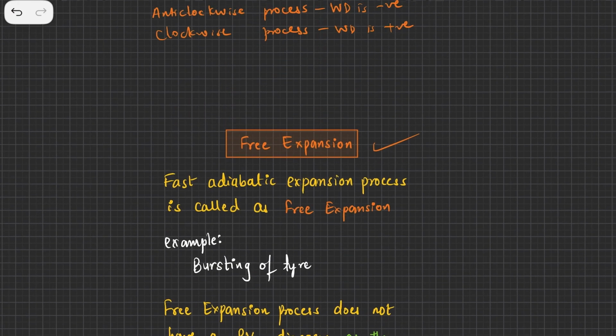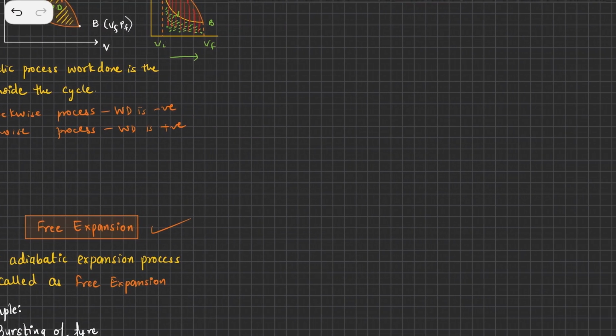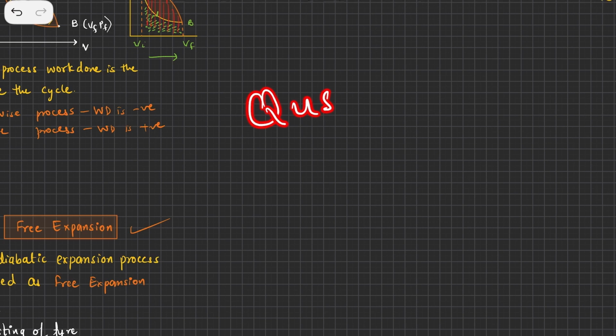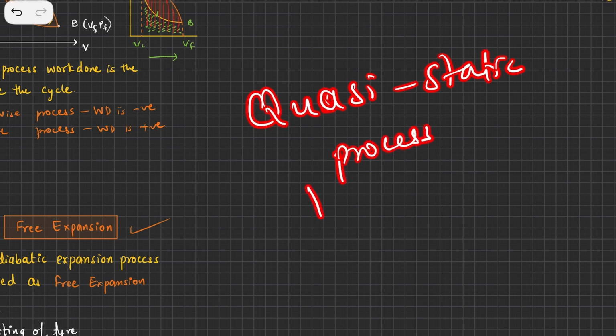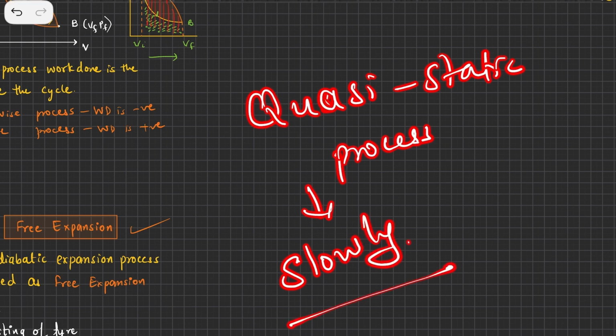So these are the two processes. However, there is one more process called the quasi-static process, which I think I have not discussed. Now this process is basically a process in which things are happening very slowly, extremely slowly. So when a process happens very slowly, we call it a quasi-static process.